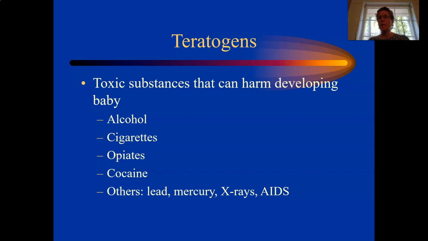AIDS, so exposure to certain viruses can also affect the developing baby. And again, going back to this COVID thing, we don't know if there will be any effects. So a woman who's pregnant right now and gets the virus, is that going to have any effects on her baby? We just have no idea yet.